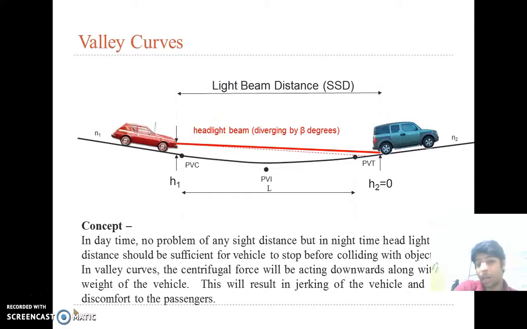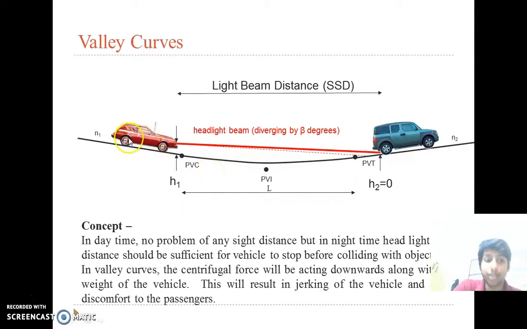But in nighttime, overtaking sight distance is not a problem, because the tail light is always available for the vehicle. But if there is some object here, and the headlight can see up to this distance, this distance should be equal to stopping sight distance. Otherwise the vehicle may hit the object in the night.